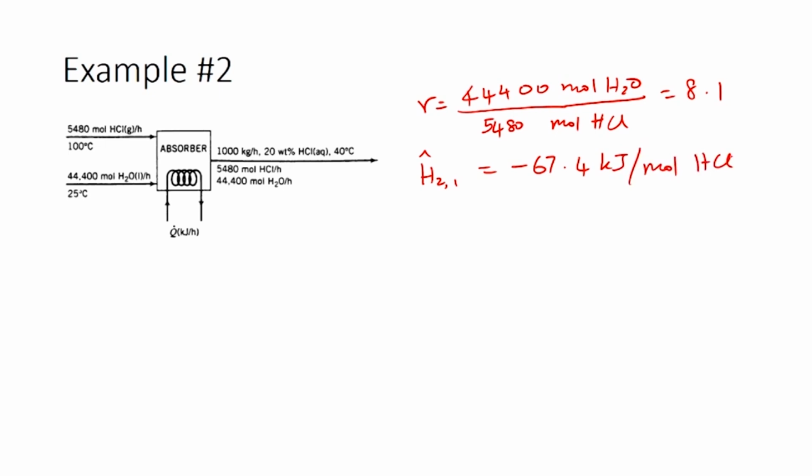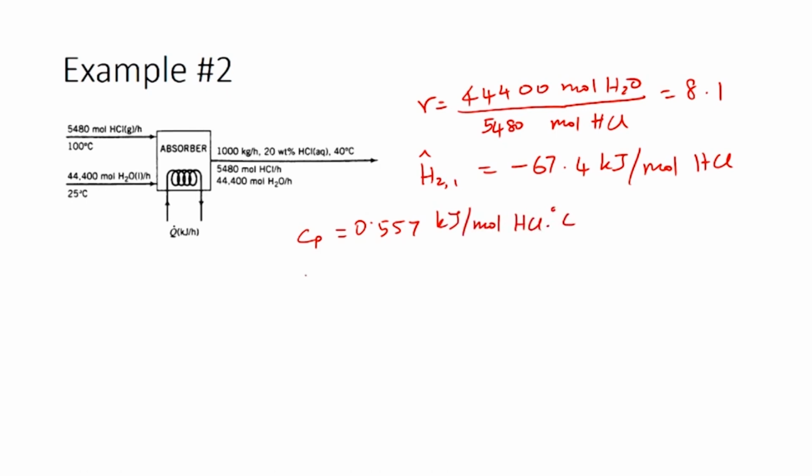For the next value, which is heating the aqueous HCl from 25 degrees Celsius to 40 degrees Celsius, you need to identify the Cp value for HCl aqueous. This value can be obtained from Perry's handbook. According to Perry's handbook, the Cp for HCl solution, for the given mole fraction, is equal to 0.557 kilojoules per mole HCl degree Celsius.